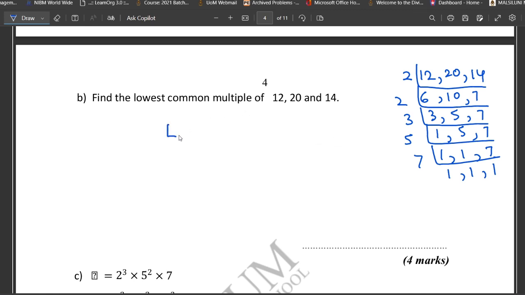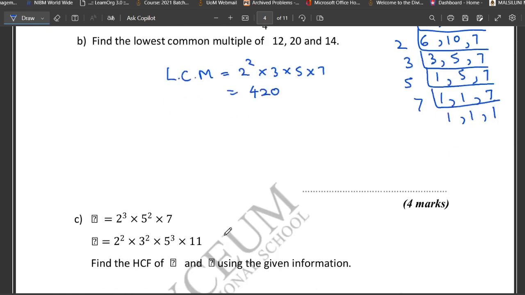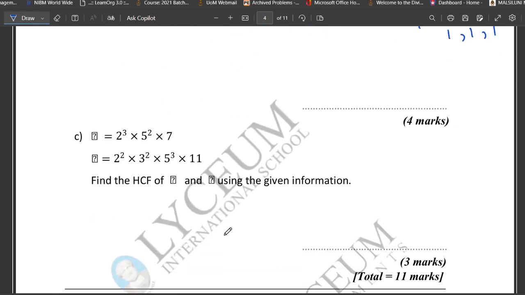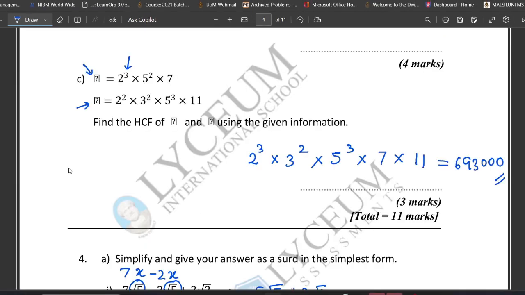So LCM is 2 to the power 2 times 3 times 5 times 7. So that's 4 times 3 times 5 times 7. That's 420. Let's see if it is better if we can write this expanded.